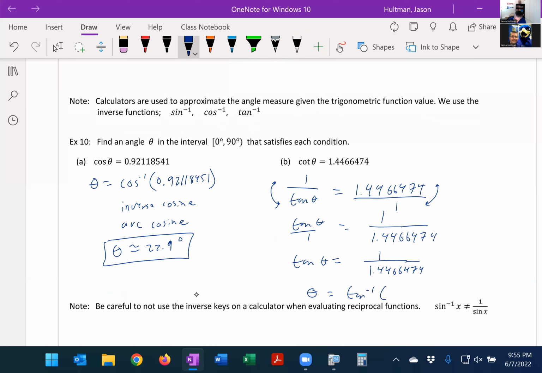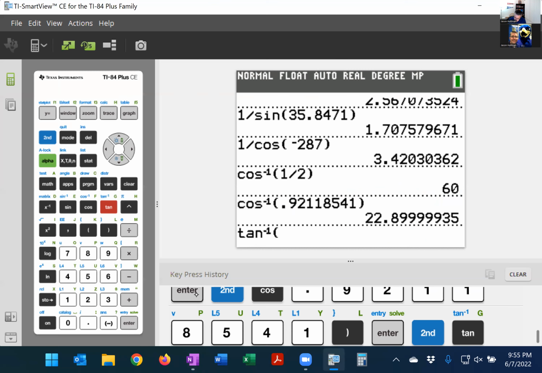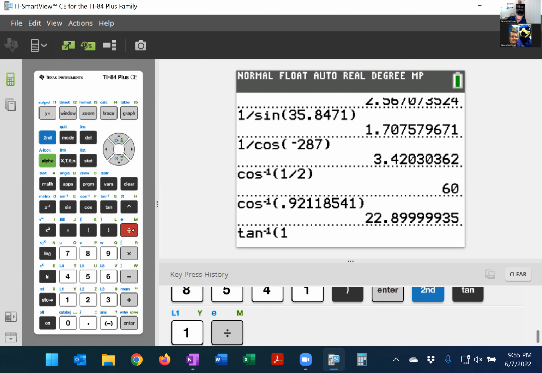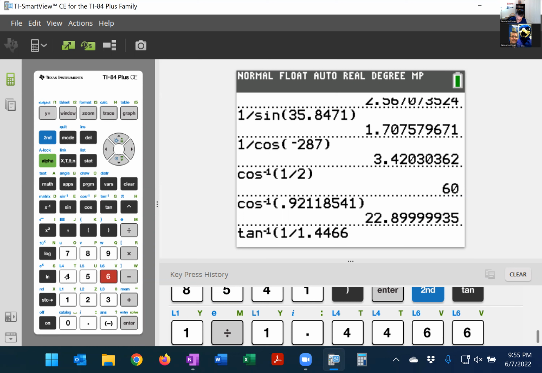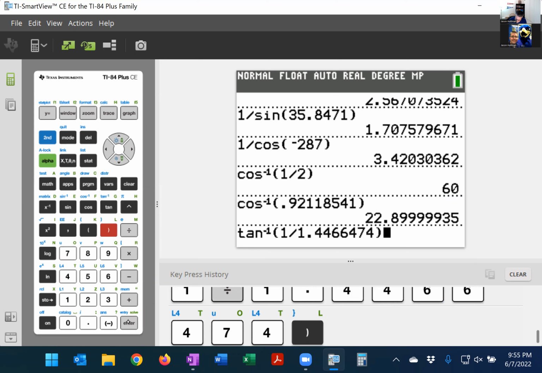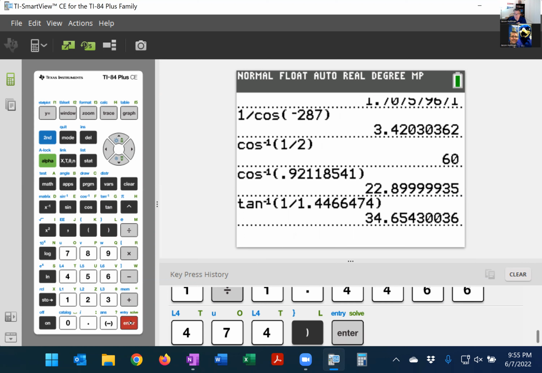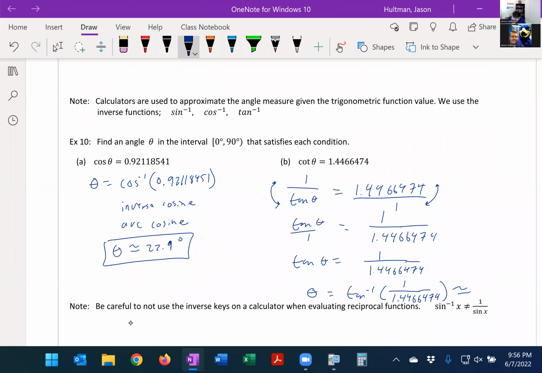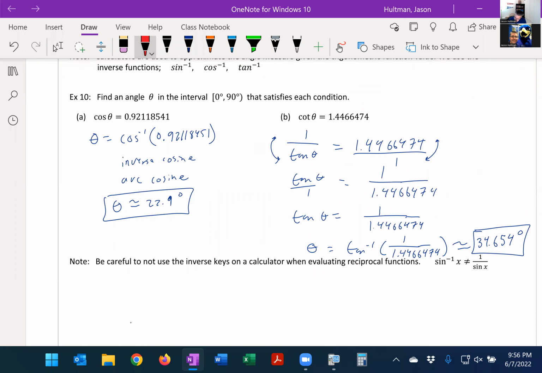The angle whose tangent is 1 over 1.4466474 is going to be approximately, well, whatever we get in here, the arc tangent of 1 divided by 1.4466474 is 34.654 degrees.